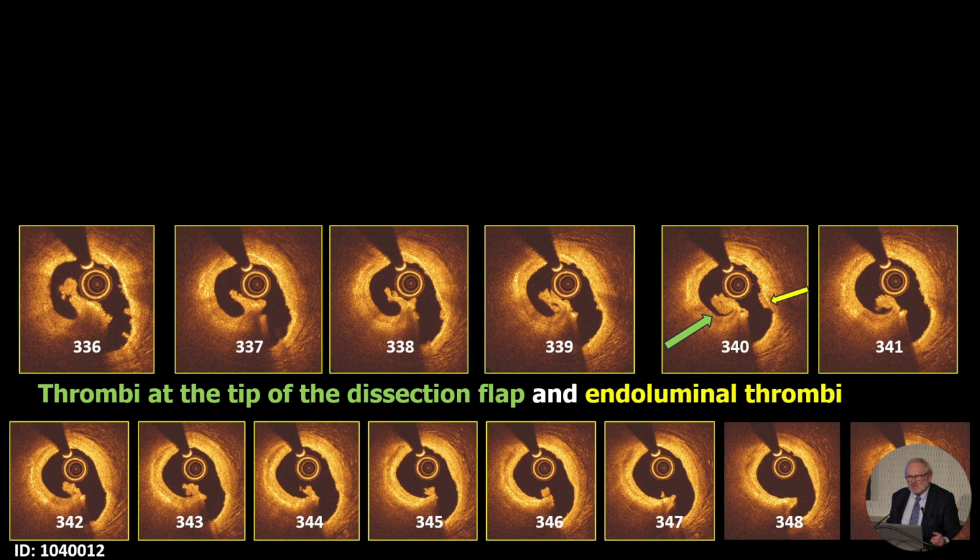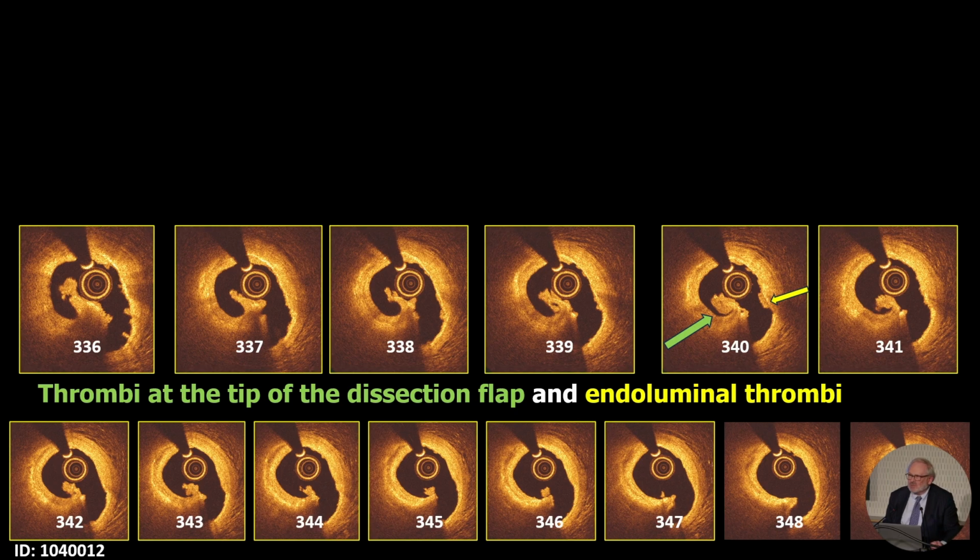Look at the pictures. Let's start at 349 in the lower corner there. You see the dissection. But at 347, 346, 345, and so on, you see a small thrombus coming. And basically, this thrombus is attached at the tip of the flap of the dissection. And the yellow arrow in 340 shows basically what we call an erosion.